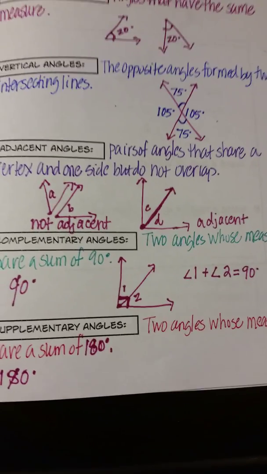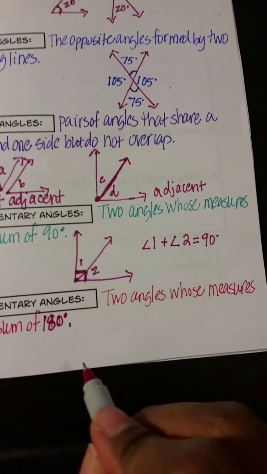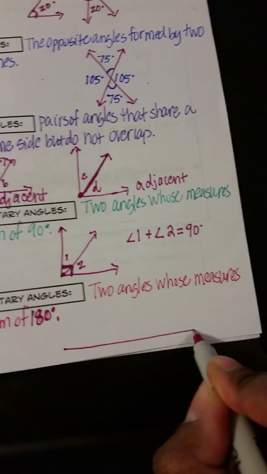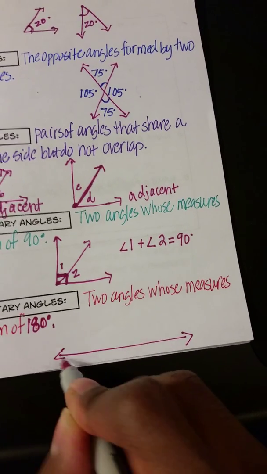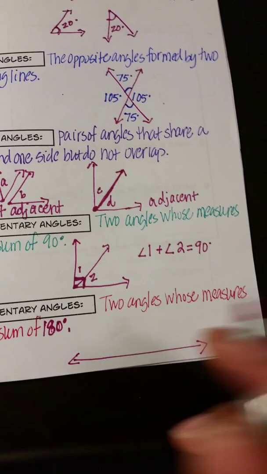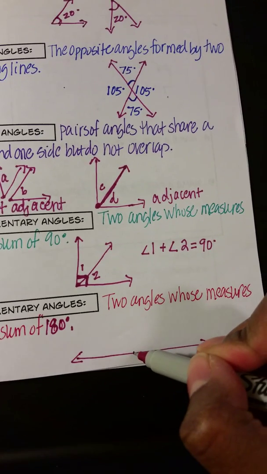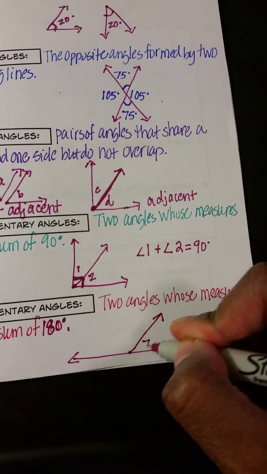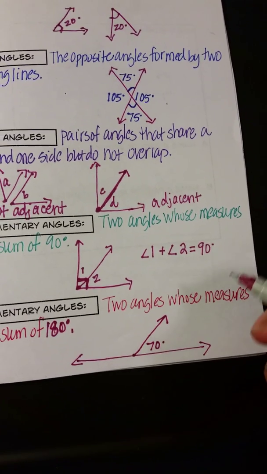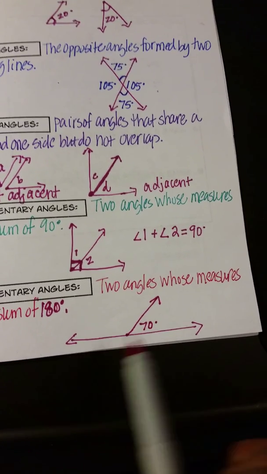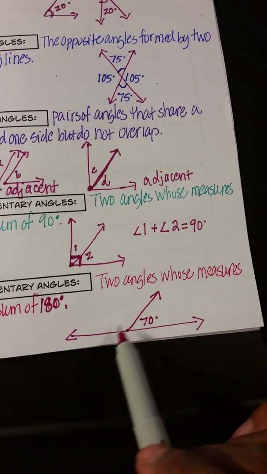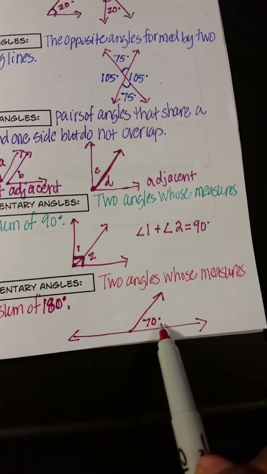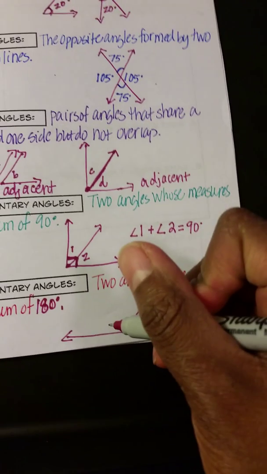Let's draw a supplementary angle here. We know that a straight line is 180 degrees. I have an angle here, and this one's 70 degrees. I know that they have to have a sum of 180, so if I have 180 and subtract 70, it's going to leave me with 110.